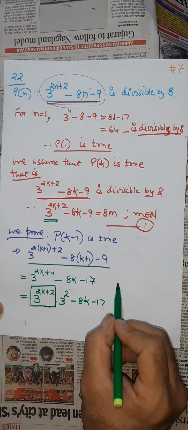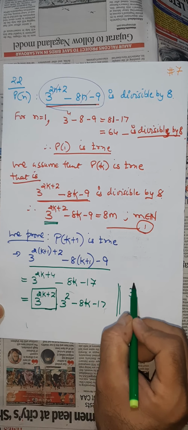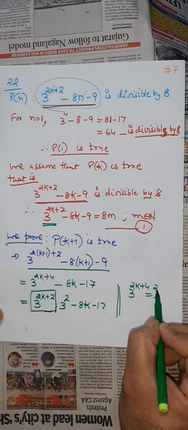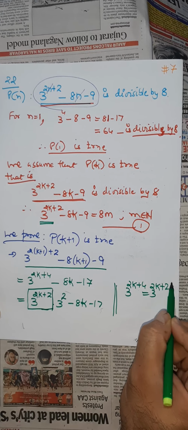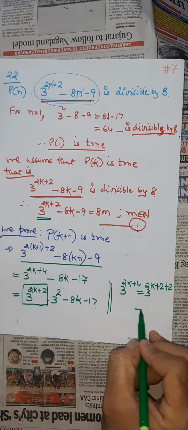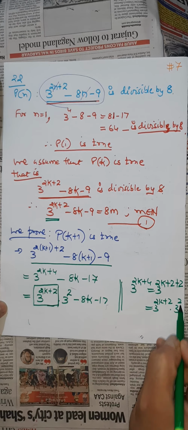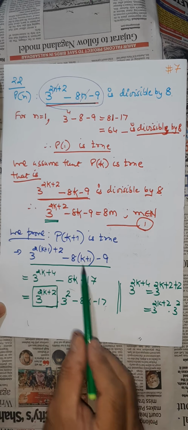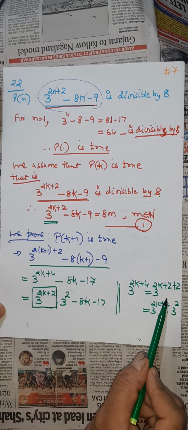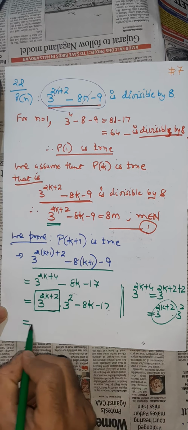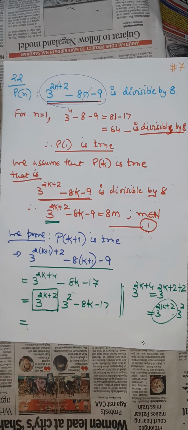I hope this is clear to you. Let me write what I did. 3 raised to 2k plus 4, I wrote as 3 raised to 2k plus 2 plus 2, which you can write as 3 raised to 2k plus 2 into 3 raised to 2. Why did I do this? Because I have 1 in my mind, remember, I need this much. So 3 square as it is, that is 9 as it is.